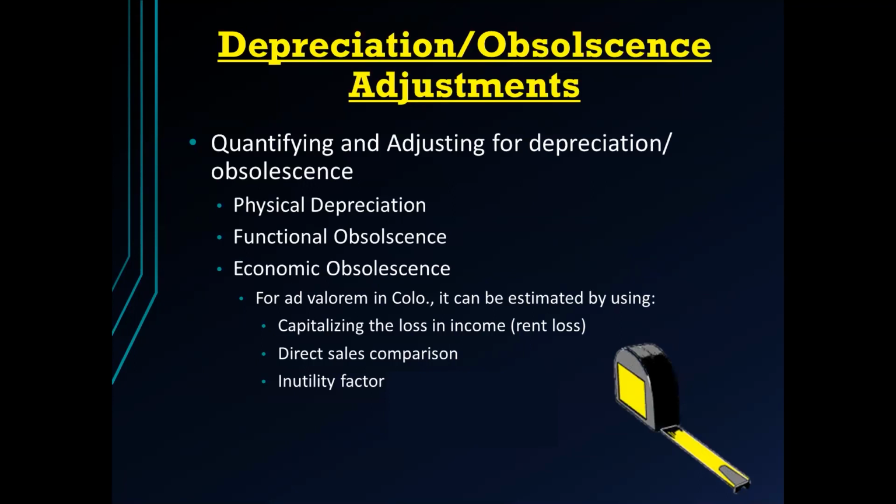For functional obsolescence and economic obsolescence, a lot of the ways to quantify that are actually the same. The key is you have to know what you're trying to solve for because they're caused by different things. But in terms of how to demonstrate them, they're often demonstrated the same way. A good example of that is inutility. You can measure inutility that is accounting for some sort of functional obsolescence, and then you can also use inutility that's accounting for economic obsolescence.